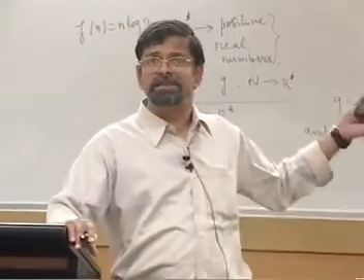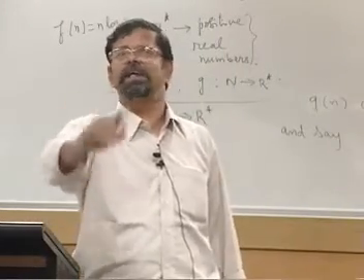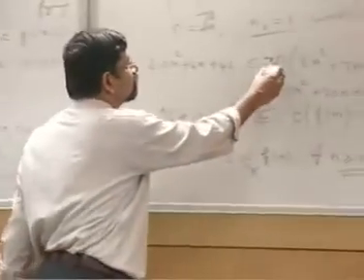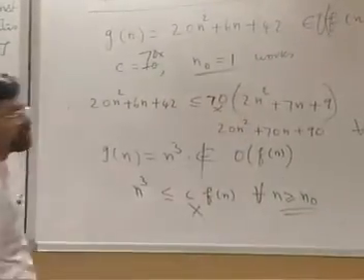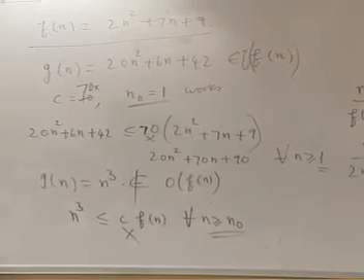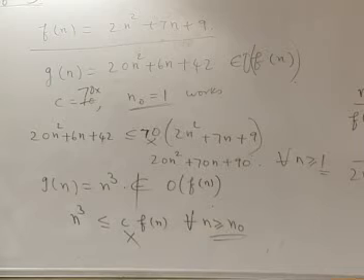Incidentally, this is the test we use for finding big O of f of n. Every time we are not going to discover this by playing around with constants. We take the ratio of this, take the limit as n goes to infinity and then see what happens.